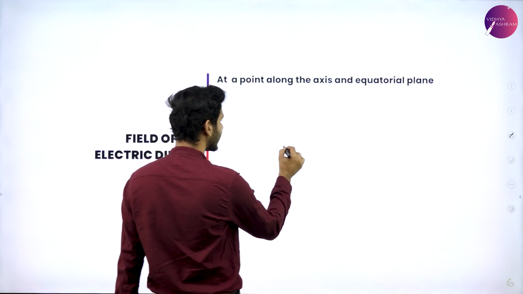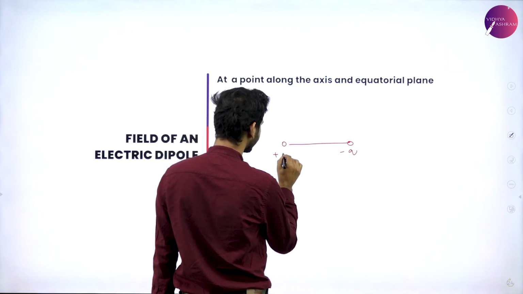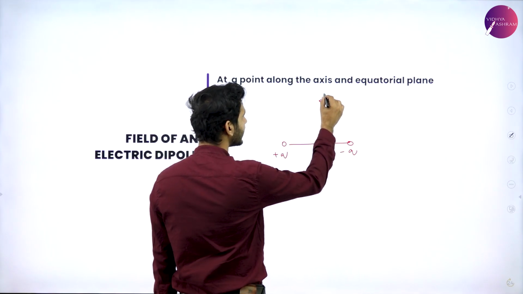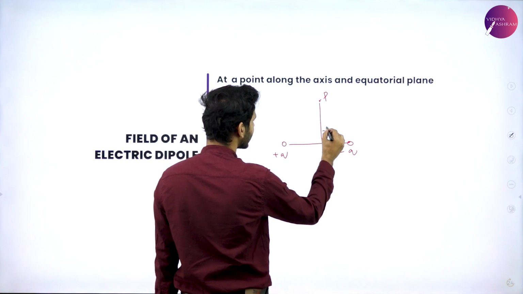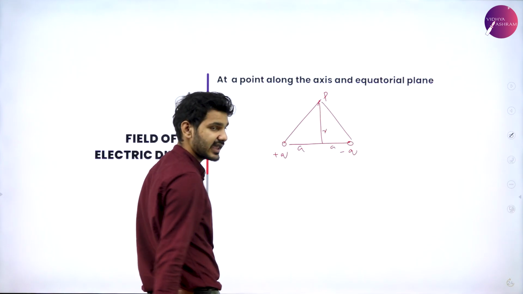So we considered a dipole, and we considered a point P which was r distance away, and these two distances were a and a.